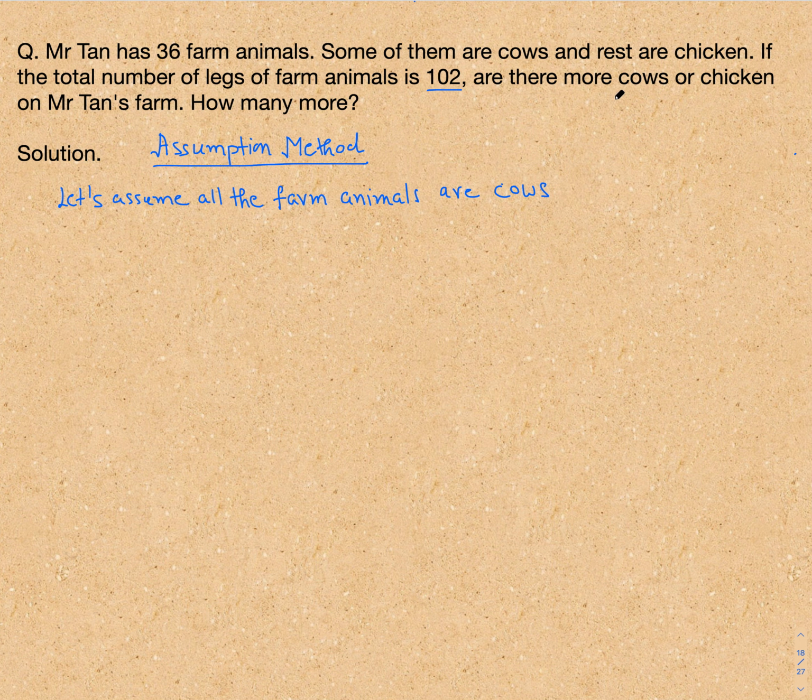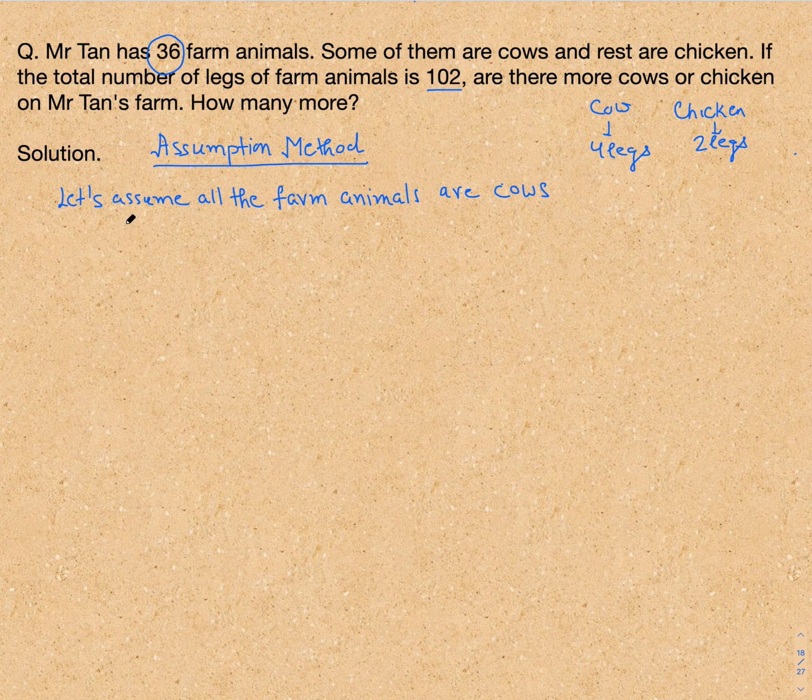We all know that cows have 4 legs, and chicken have 2 legs. So when we assume that all the farm animals are cows, that means all the 36 farm animals are cows.